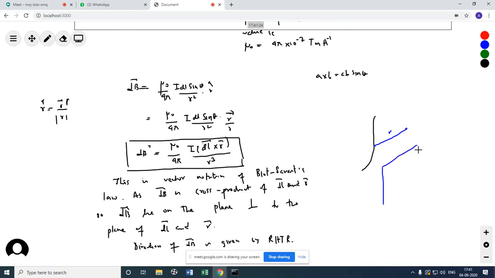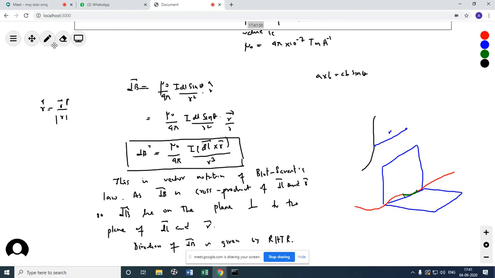Let me draw this plane for you. This is the plane, this is one more plane, and here is the wire somewhere here. I take this is the dl vector.